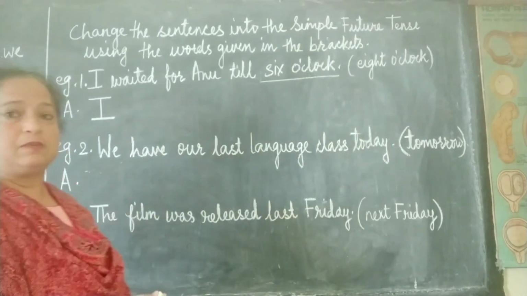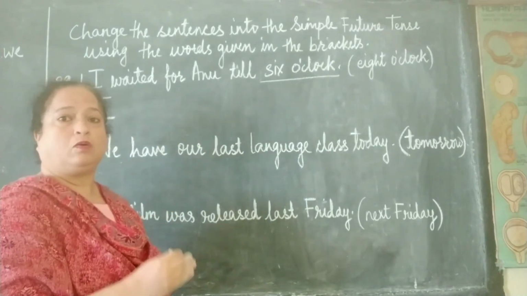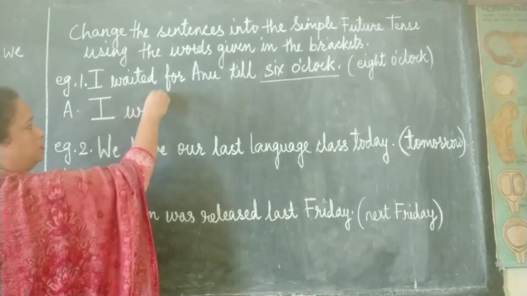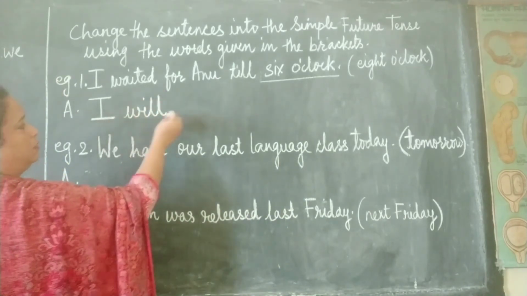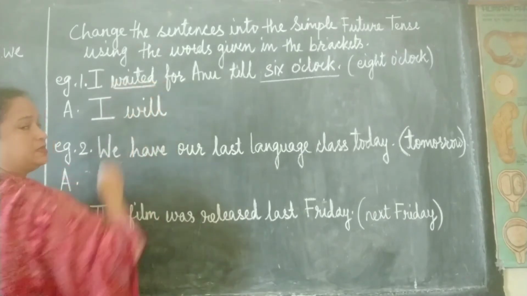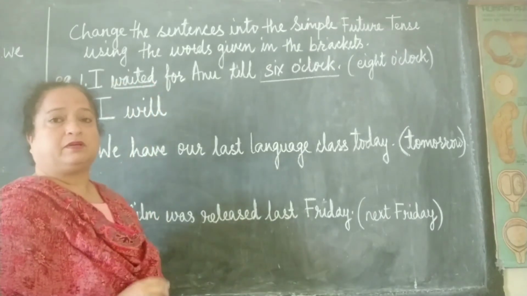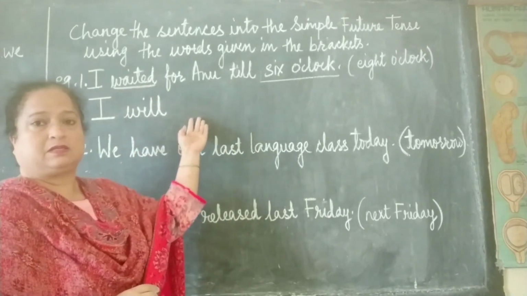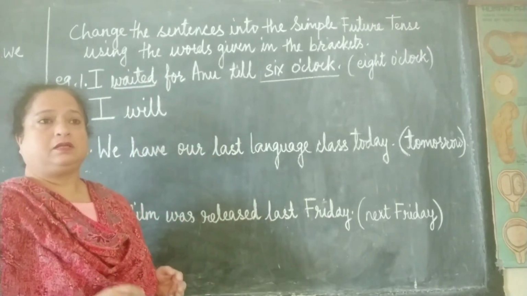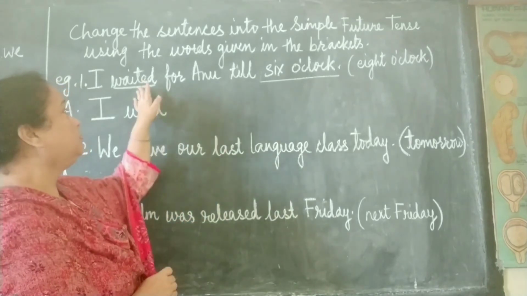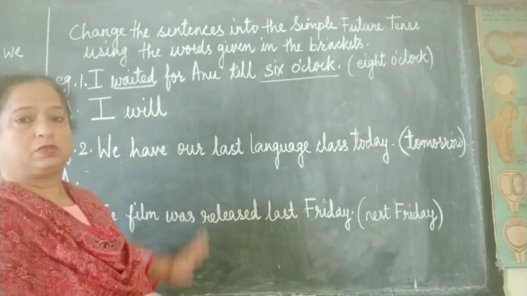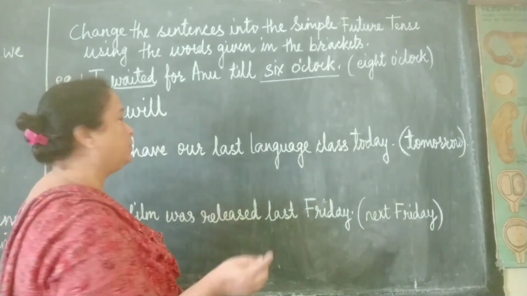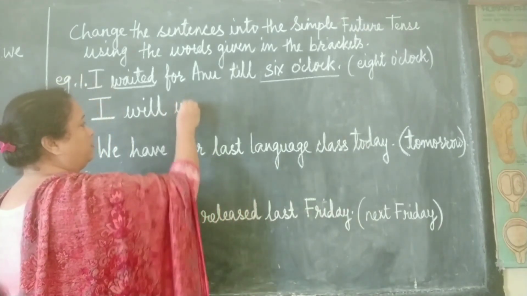That means subject plus will or shall. So I will use will over here. I will. Now we need to see the verb in the sentence. We have the verb in the past tense form, that is waited. So when I write my answer in the future tense, I need to change the verb from the past tense to the simple present tense, that is the V1 form of the verb. So waited will become wait.